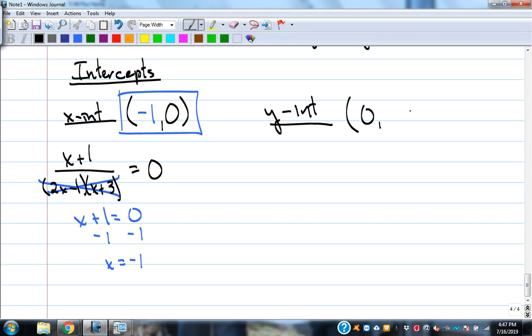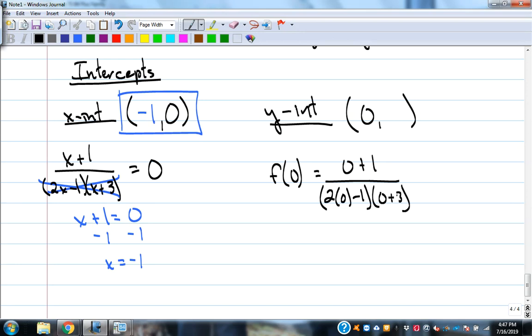the ordered pair has a 0 in the x spot. So if I go to the simplified version and I plug in a 0 for x, 0 plus 1 over 2 times 0 minus 1, and then 0 plus 3. Everywhere there's an x, I put a 0 there.